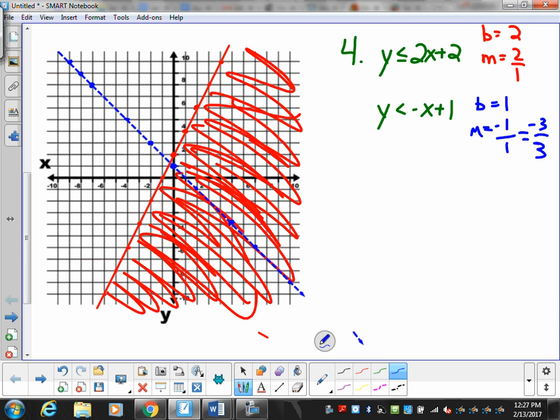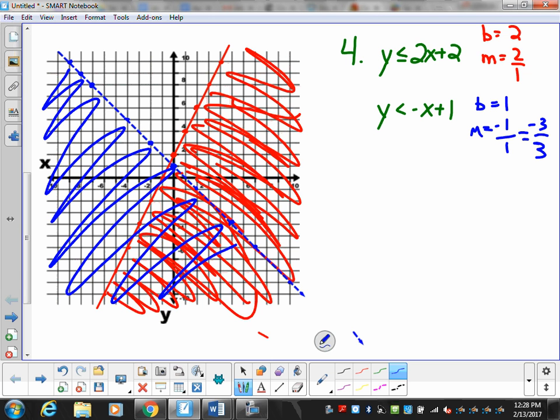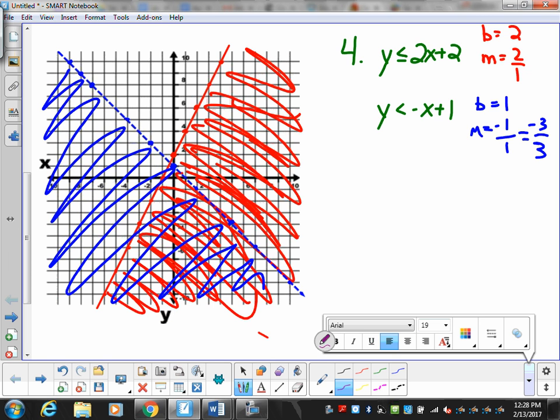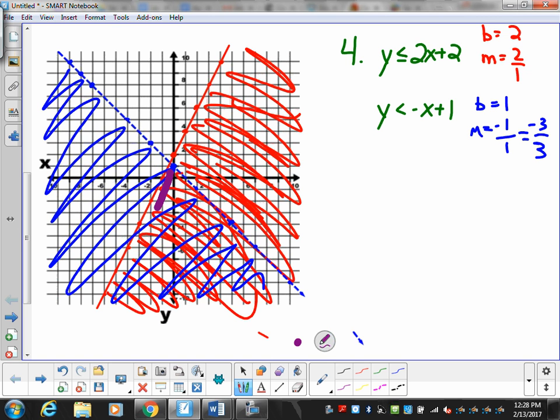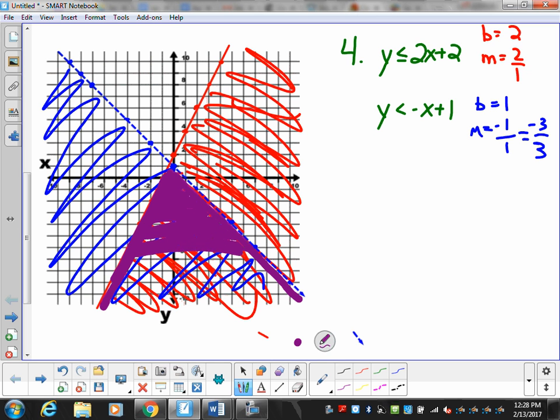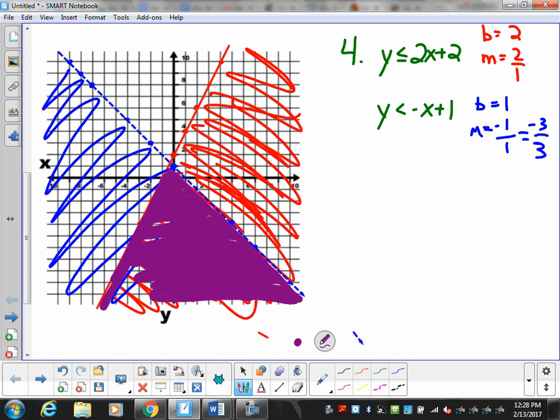So the line slanted differently, but it's still less than, so it's actually going to go the other direction. So yours should be something like this.